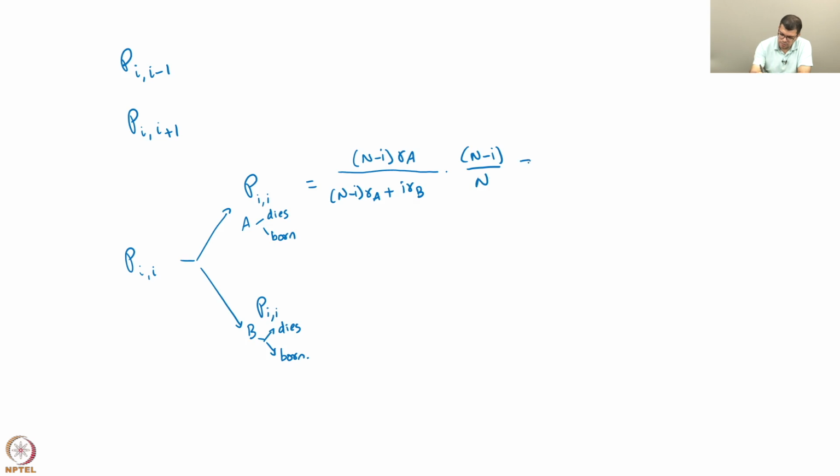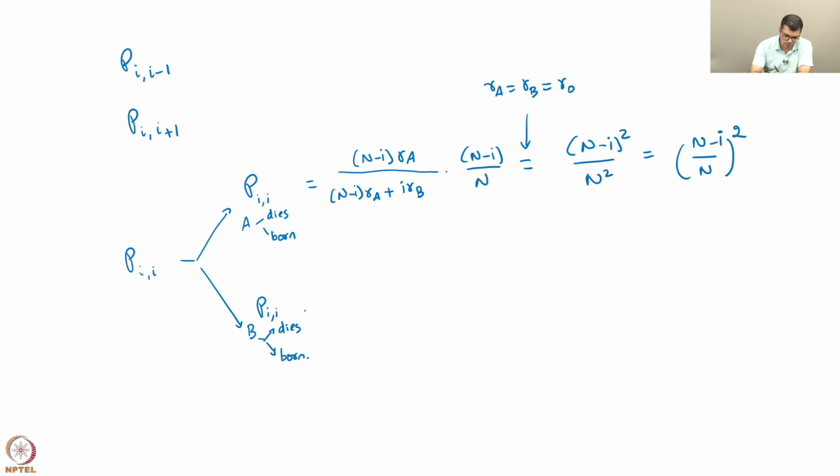And again for the neutral case we will plug in R A equals R B equals R naught, in which case R naught is going to cancel out, and this is going to simply reduce to n minus I square divided by n square, which is just n minus I by n whole square.